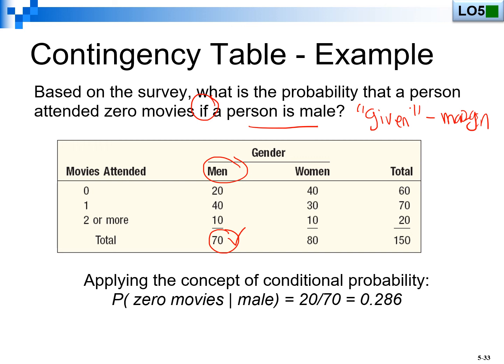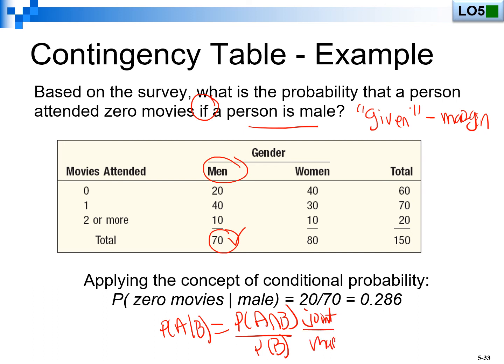Now, if I go to my basic conditional probability formula, the idea is A given B equals an intersection divided by the probability of B. And I told you before, it's always going to be what's called your joint divided by the margin. So the fact that we already figured out that the margin is the given, that's the male, that's going to be 70. And a conditional probability is always an intersection over margin.